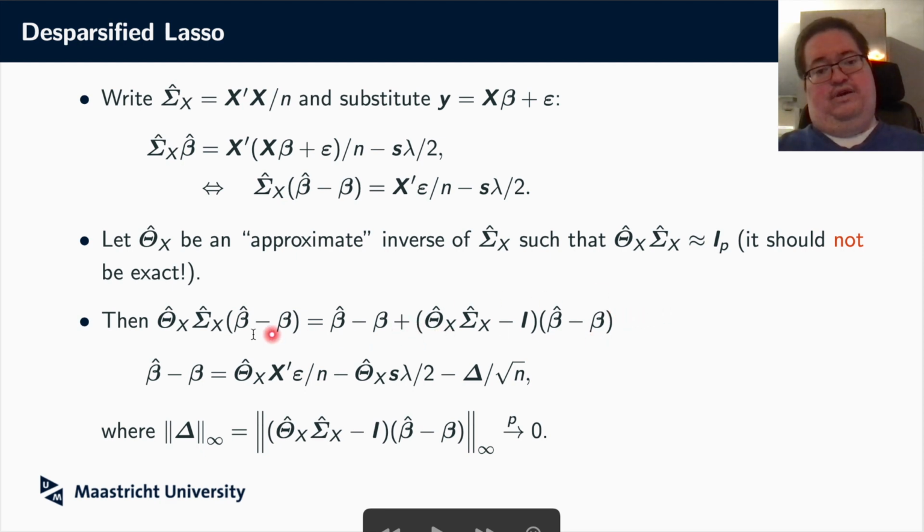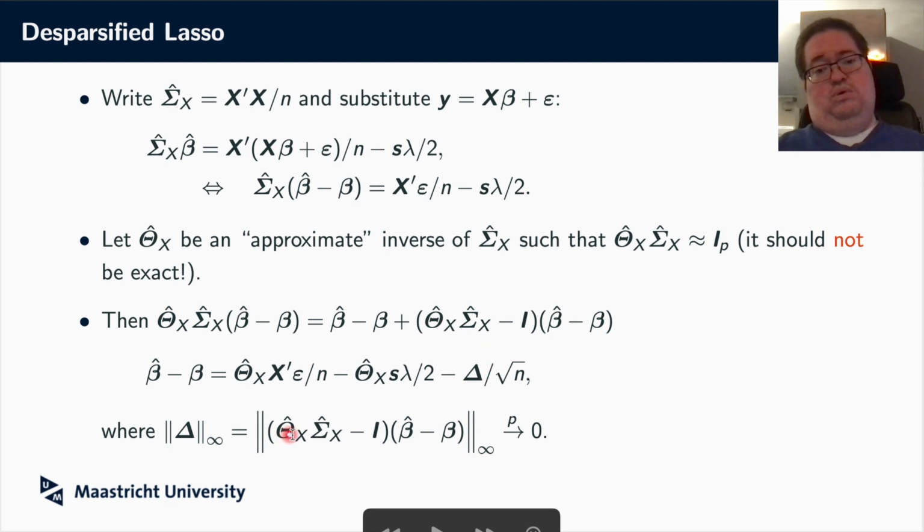So we want to get rid of that. So we have beta hat minus beta alone here. We get x prime epsilon times this approximate inverse. We get the subdifferential term, and we get, I'm going to call this delta now, the error that you make with this inverse approximation.